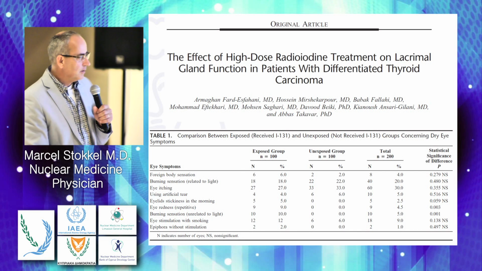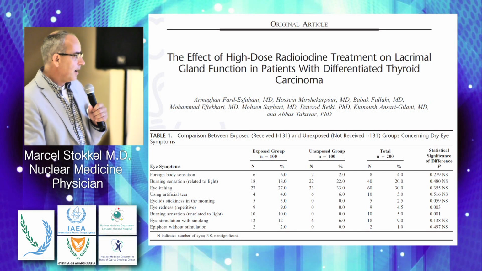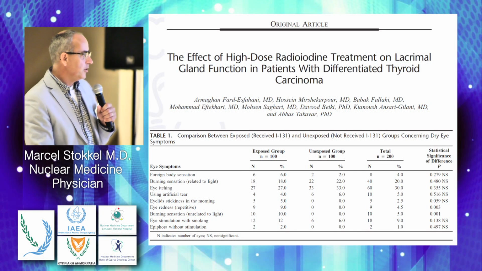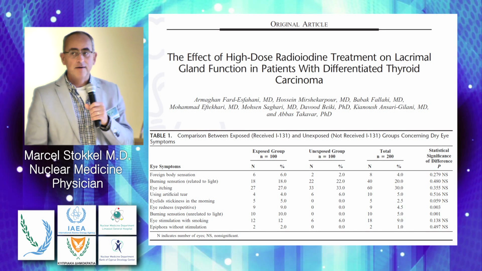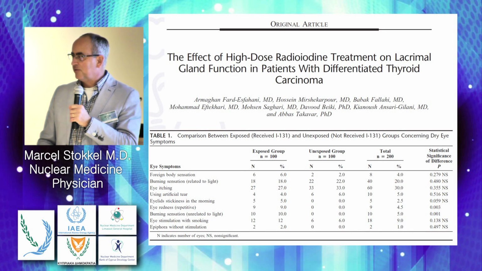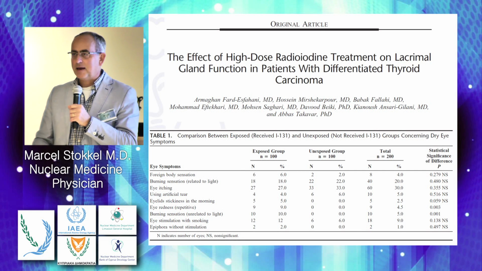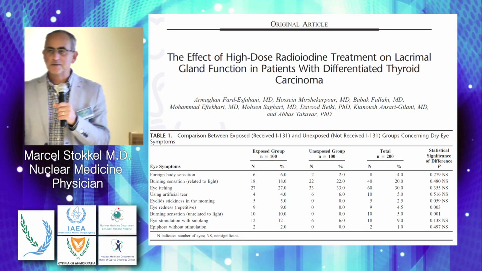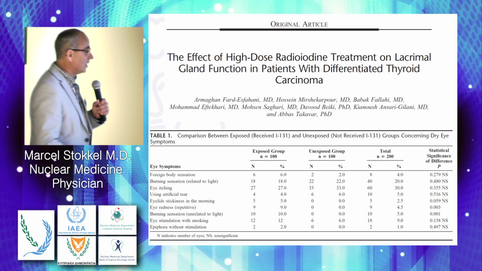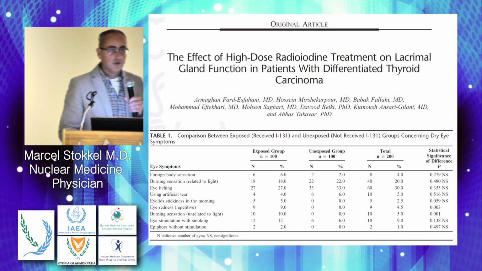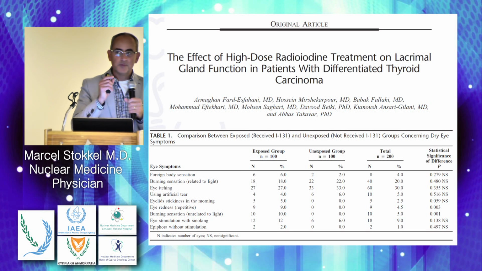And in fact, eye redness and burning sensation seemed to be correlated to the application of radioiodine. But when a patient is suffering from eye symptoms, it may have something to do with the air conditioning or other aspects, and may not be correlated with the application of radioiodine. So be very careful to say your eye problems are related to the treatment I've given.